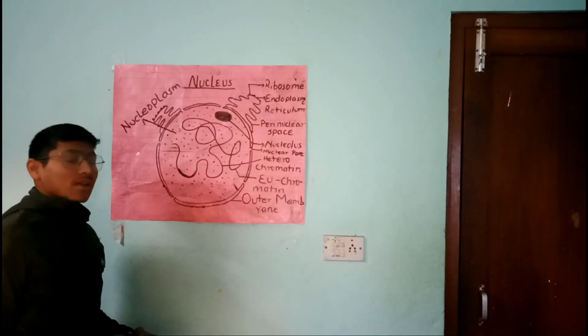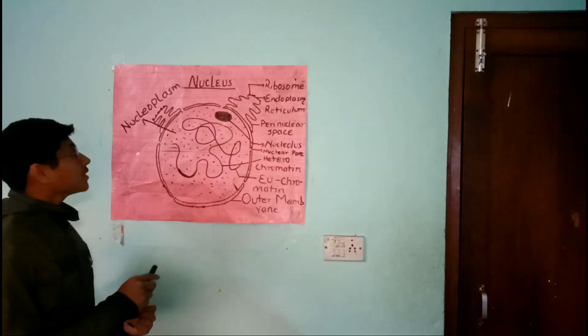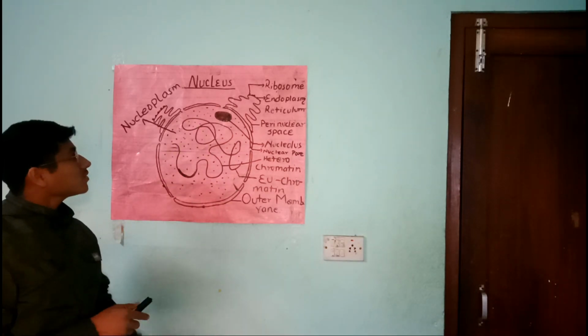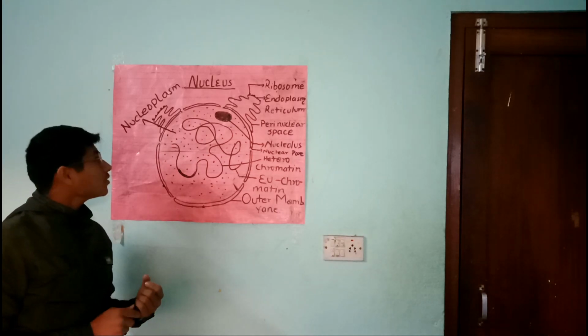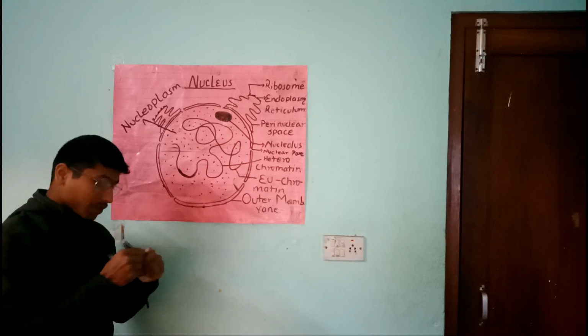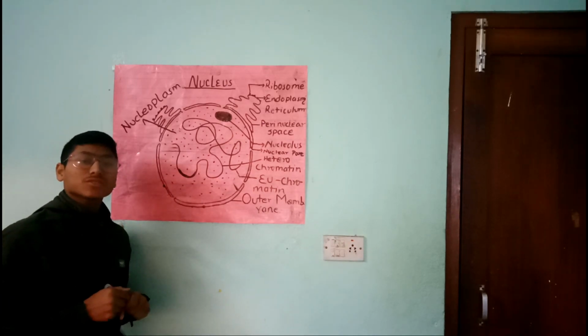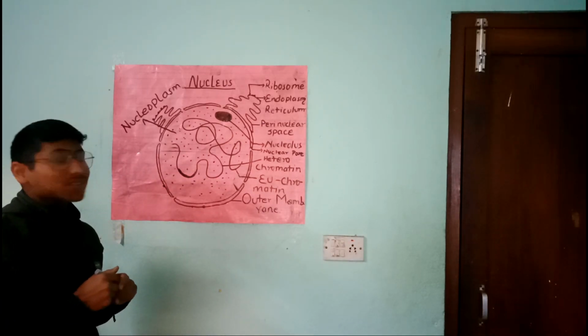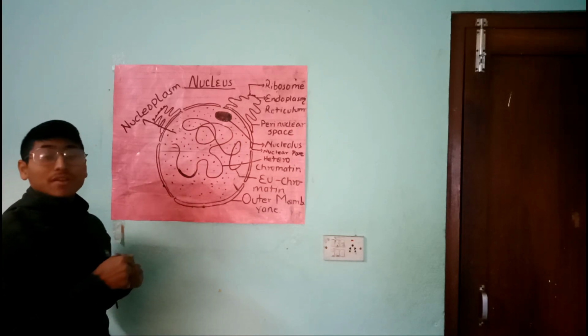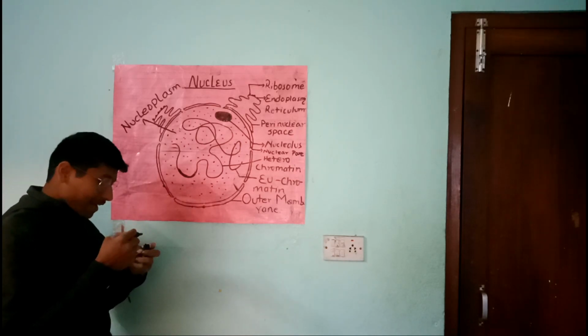Moving forward, I would like to talk about the functions of the nucleus. The nucleus controls all the vital activities of living organisms. So it is also known as the controlling center of the cell or master of the cell. It is the site of nucleic acids like RNA and DNA.